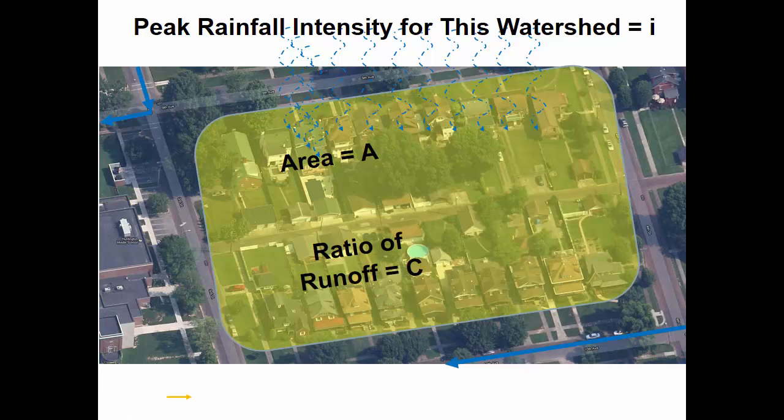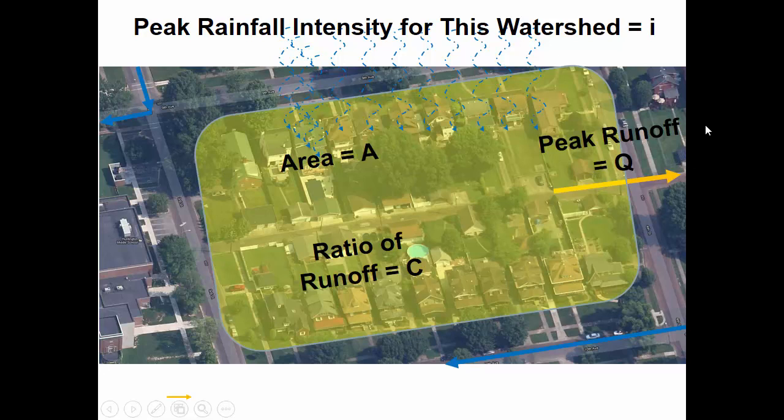The other aspect you have to understand is the runoff coefficient, the C value. You can think of the runoff coefficient as the percentage of the rainfall that would run over the surface instead of infiltrating into the soil or being retained at the surface. So it's how much is going to run off. It is a percentage, but it's expressed as a decimal.